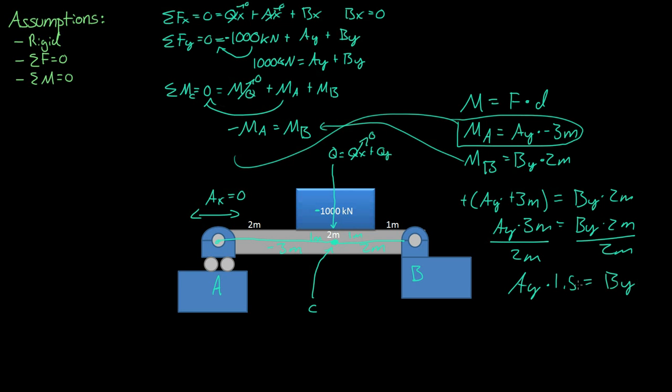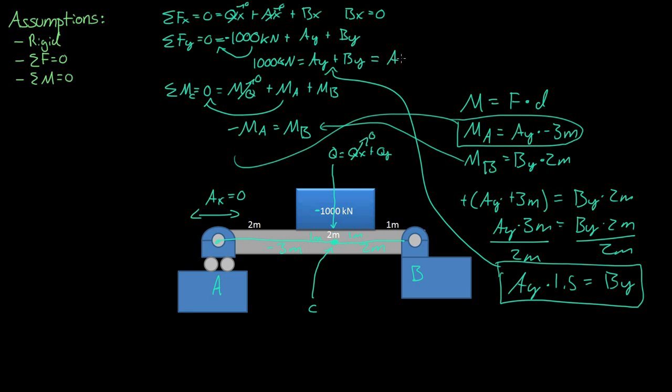So By is 1.5 times bigger than Ay. If we use this equation and plug it into the other equation, then that becomes Ay plus 1.5 Ay, and that is just equal to 2.5 times the force of A in the y direction.